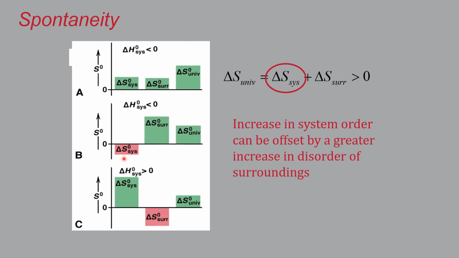As long as both of these add up to something positive, it's going to work out. The fourth case, where both the change in entropy of the system and the change in entropy of the surroundings are negative, you're adding two negative quantities, so that's going to make a negative delta S of the universe. So there is no way that particular process is ever going to be spontaneous, which is why it's not on this graph.